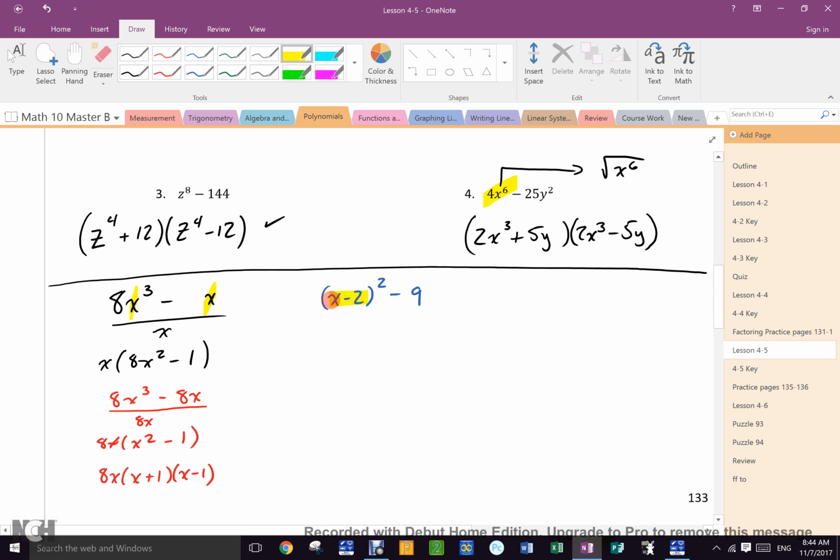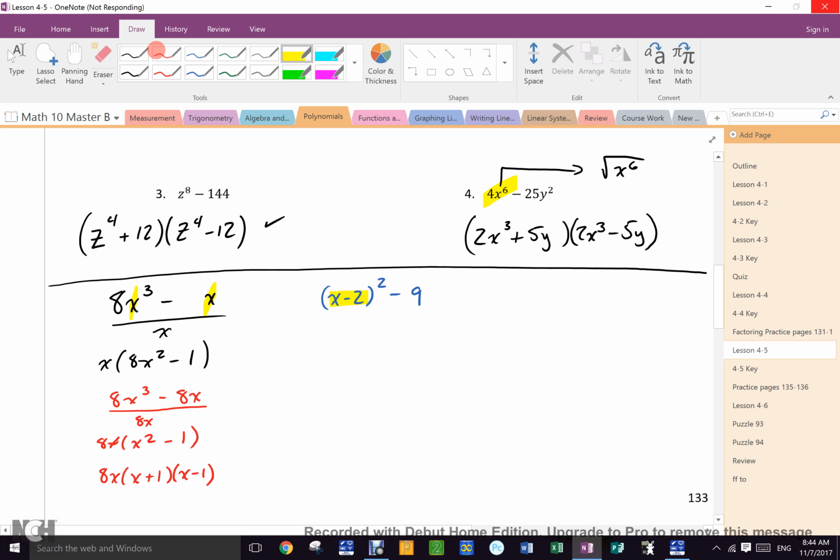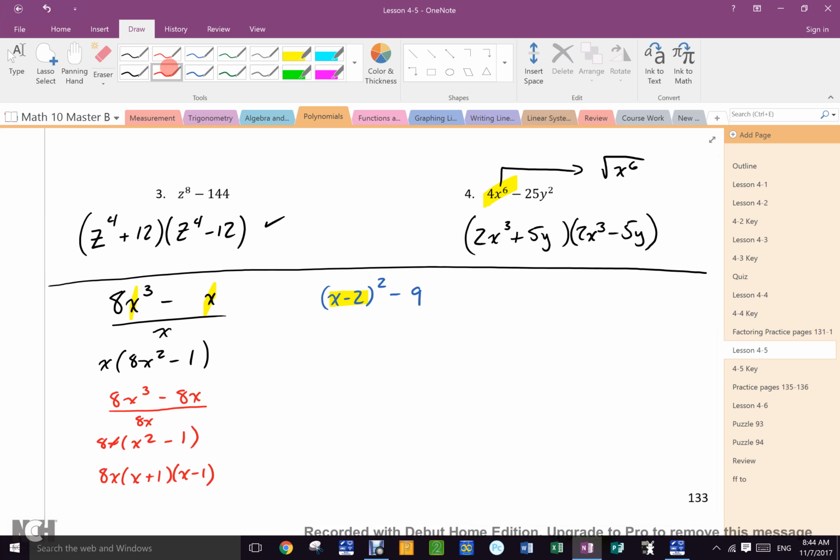I can rewrite it as what, Jordan? Am I allowed to do something like this? A equals x minus 2.